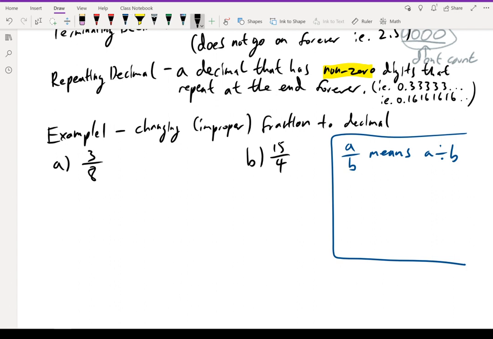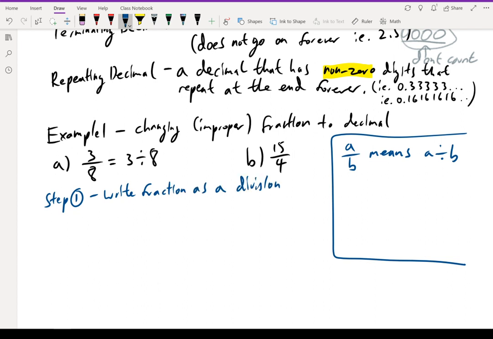So let's go on to our question. 3 over 8 is the same as 3 divided by 8. And how do we calculate 3 divided by 8? We're going to use long division. Okay, so let me write it out in steps. Step 1 is write the fraction as a division statement.